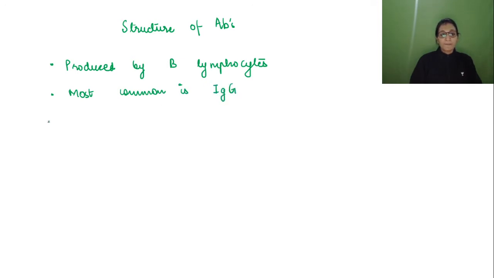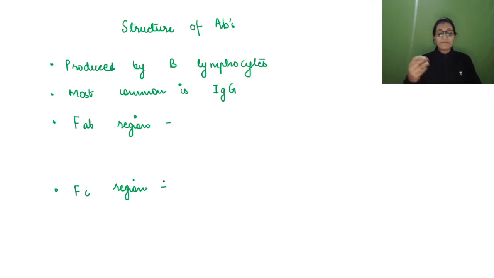IgG is a protein composed of two main structural and functional regions: the FAB region and the FC region.